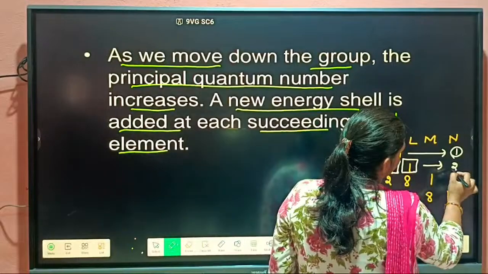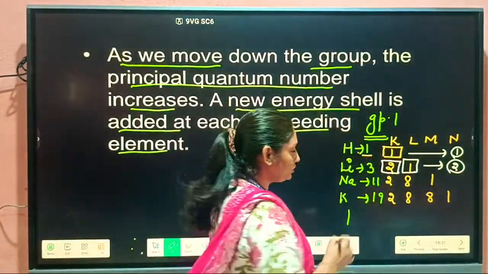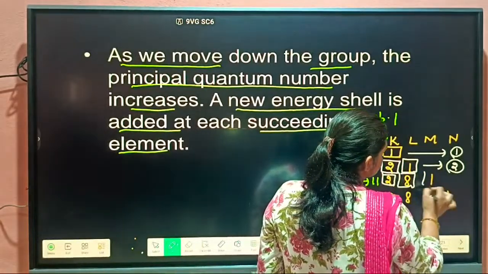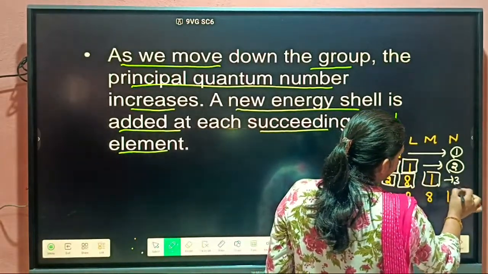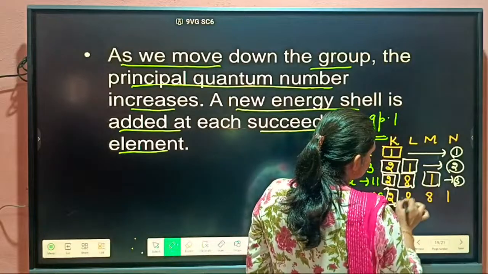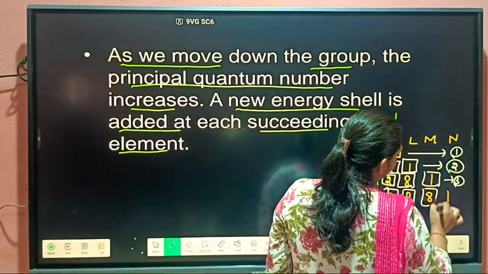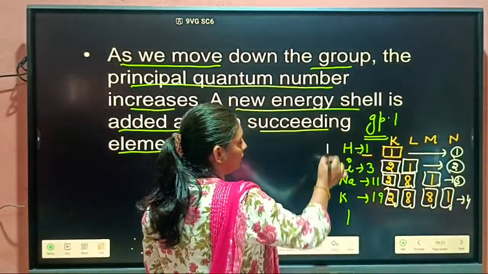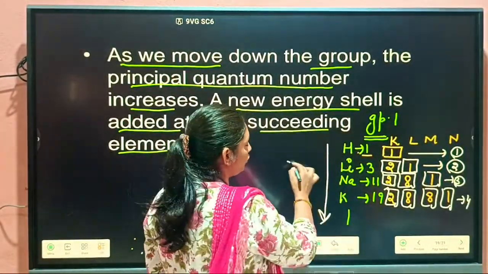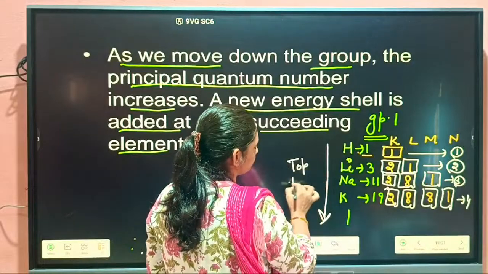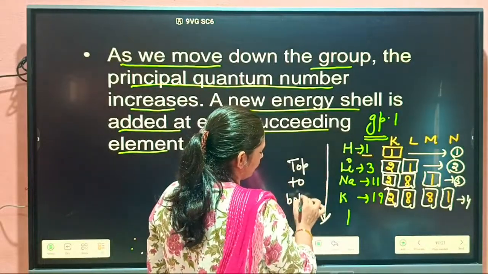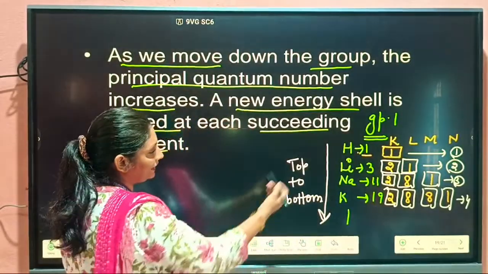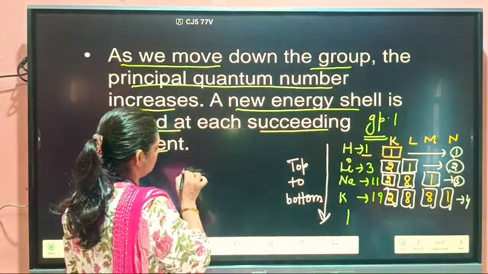In case of sodium, there are 3 shells. And in potassium, there are 4 shells. Means when we are moving down the group from top to bottom, the number of shells is going to increase.